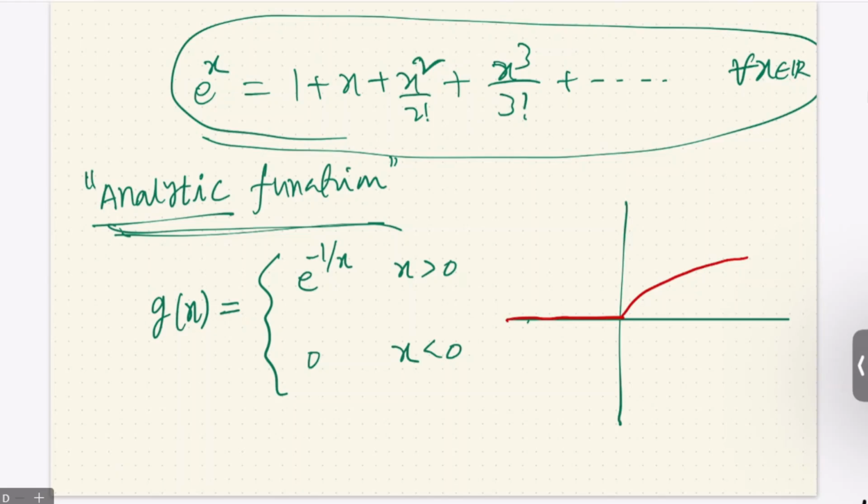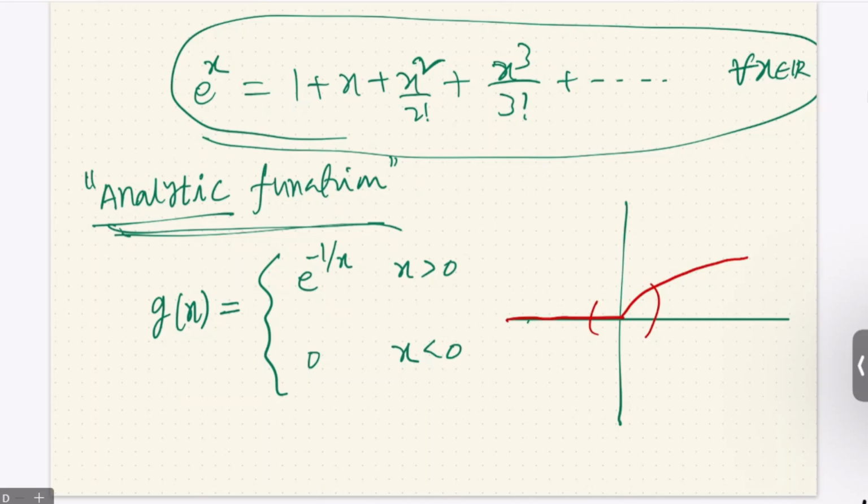So the behavior here would be different. Even though it is a continuous function, Taylor series doesn't hold here.